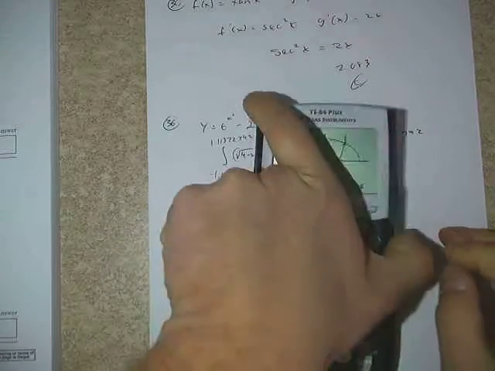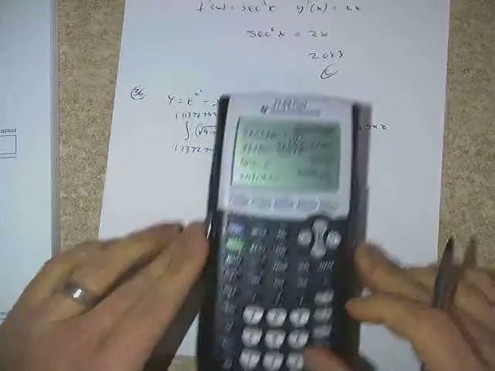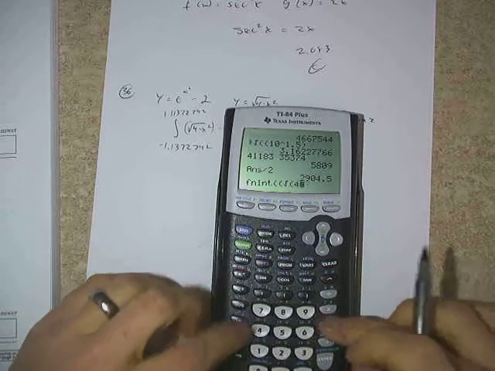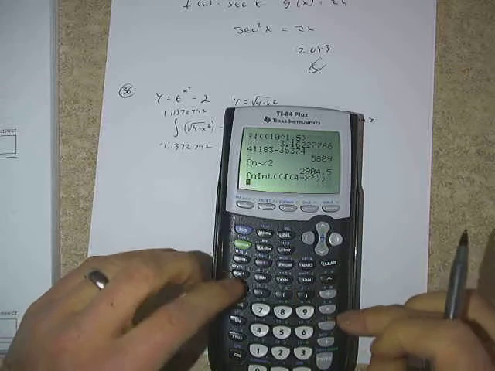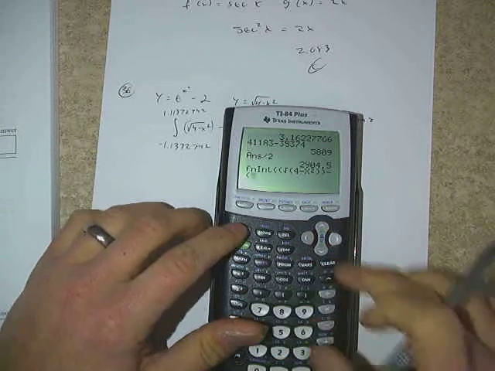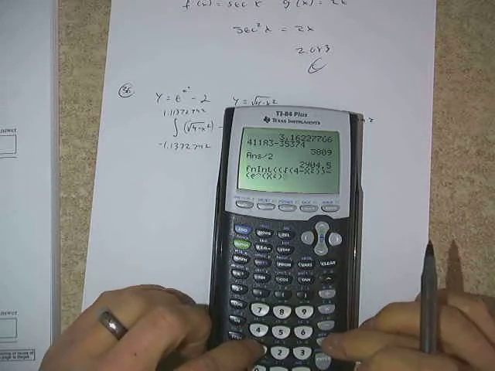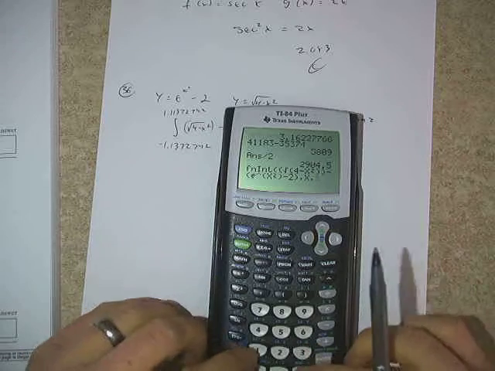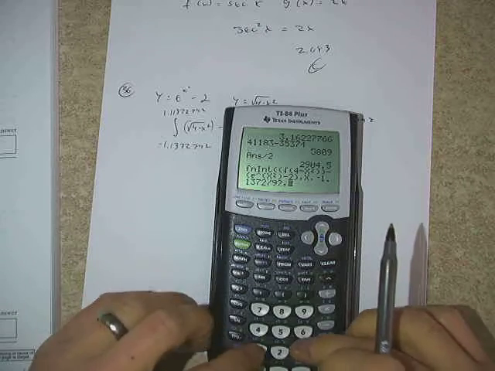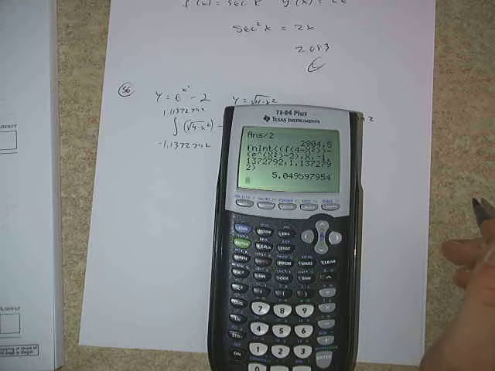So from there, if you do your calculation, if I do my math 9, and my integrand here is square root of 4 minus x squared minus e to the x squared minus 2. Get 5.0495, which corresponds, looks like to letter D.